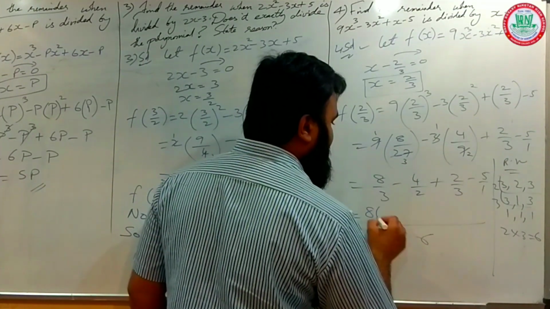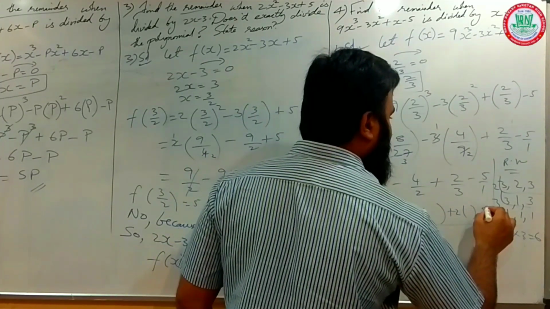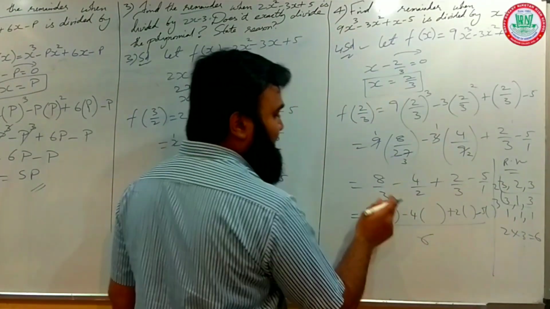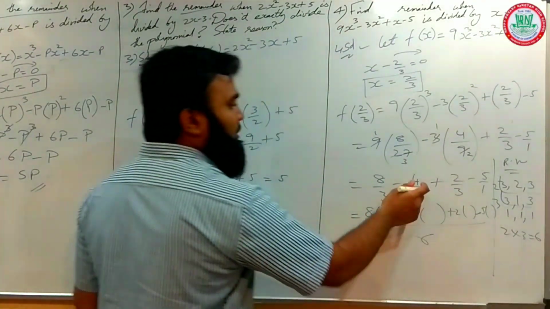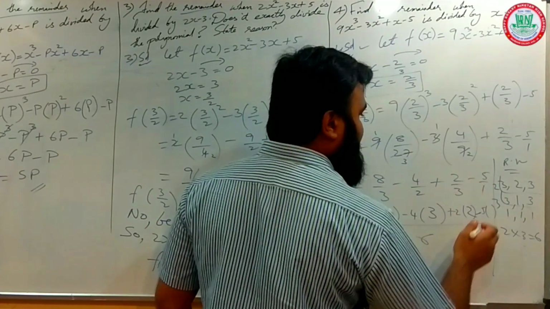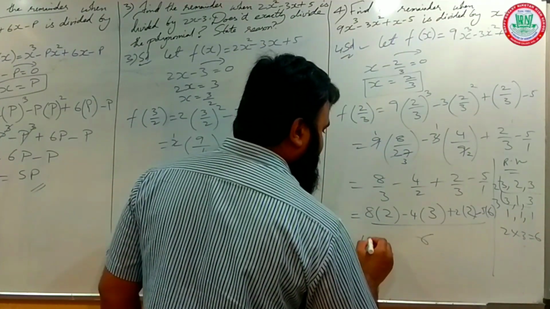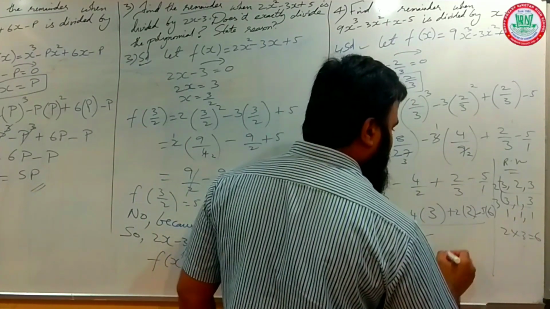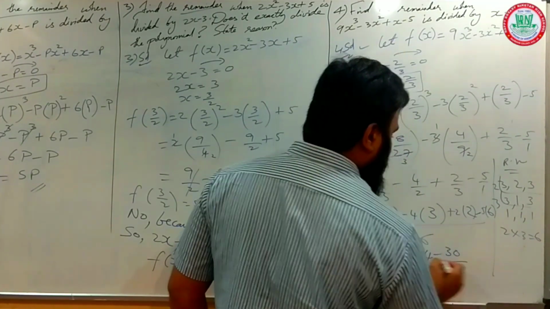Here we put 8, minus 4, plus 2, minus 5 over 6. 6 divided by 3 is 2, 6 divided by 3 is 2, 6 divided by 3 is 2, and 6 divided by 1 is 6. What remains: 8 × 2 is 16, minus 4 × 2 is 8, plus 2 × 2 is 4, minus 5 × 6 is 30, divided by 6.